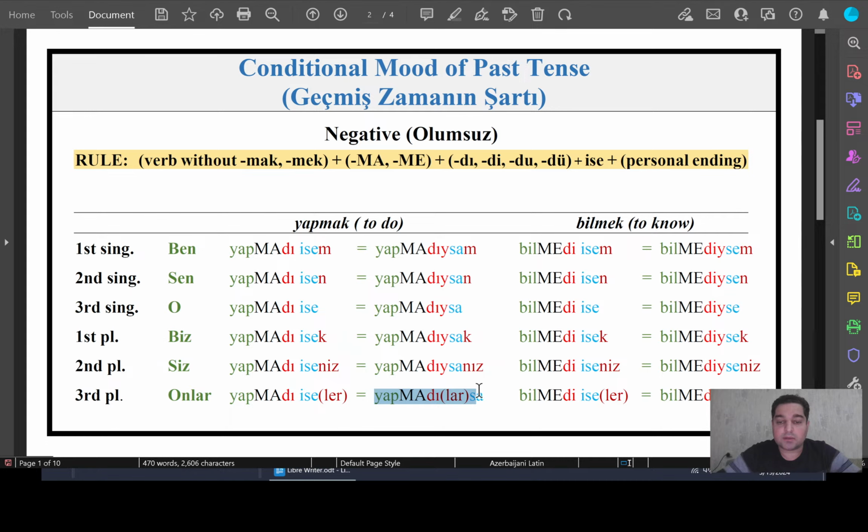Okay, yapmadılarsa. For bilmek it will be ben bilmediysem, sen bilmediysen, o bilmediyse, biz bilmediysek, siz bilmediyseniz, and onlar bilmedilerse. Okay, if they have not known.